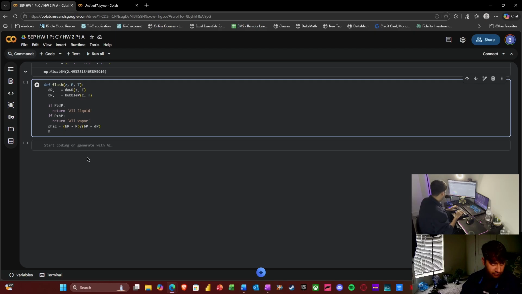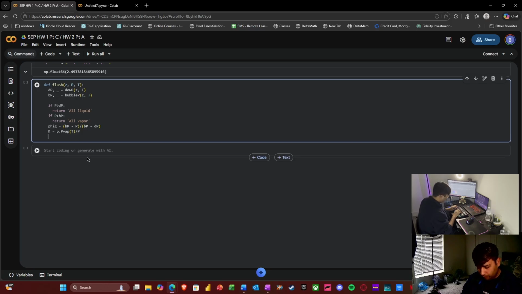Then we want to define our K value, which is our vapor pressure at a certain temperature divided by our regular pressure. And then we also want to define the roots that we're going to be using, so we're going to define f root and phi.